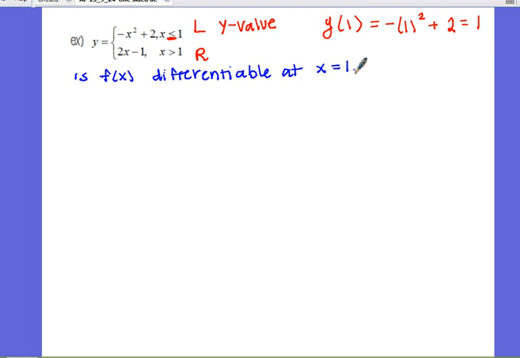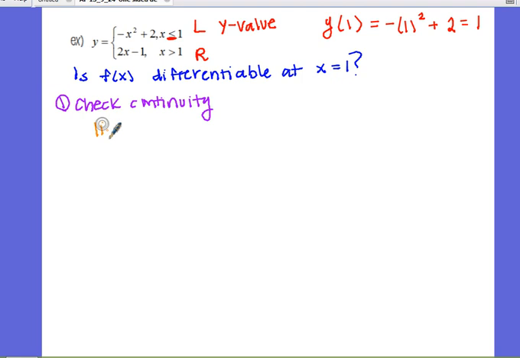Alright, so if that's the question, the first step in answering that question will be to check continuity. And how do we check continuity? We check continuity using the three-step process.